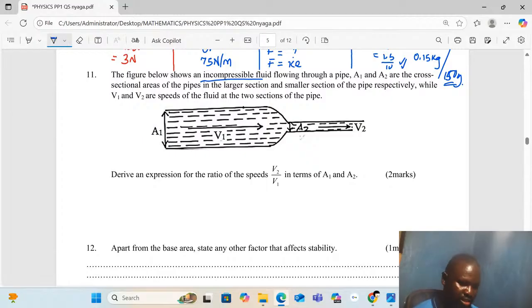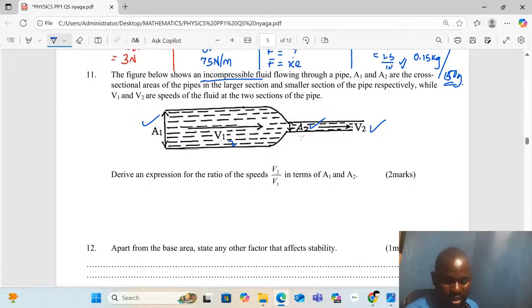We have the larger section and the smaller section, respectively. The fluid is moving with V1 and V2 as the speeds. So you can see our A1, our V1, our A2, our V2. Then you are told to derive an expression for the ratio of the speeds in terms of A1 and A2.